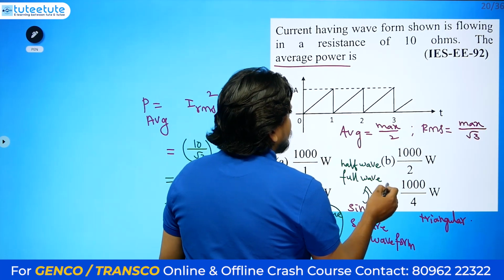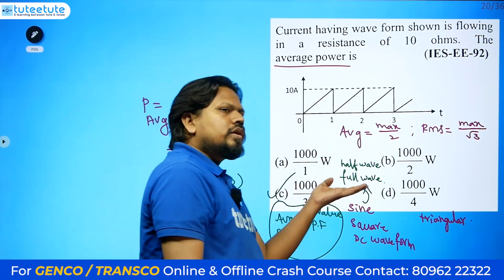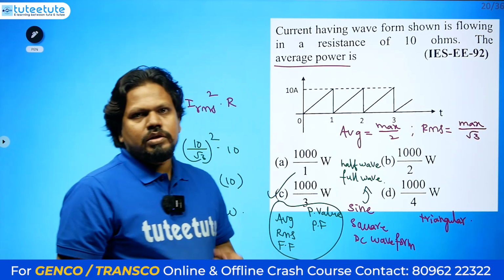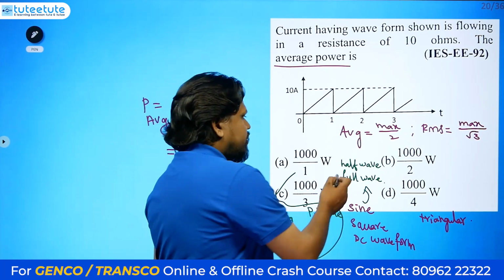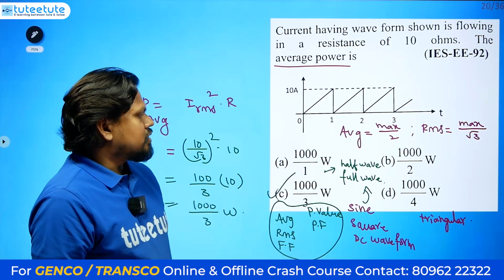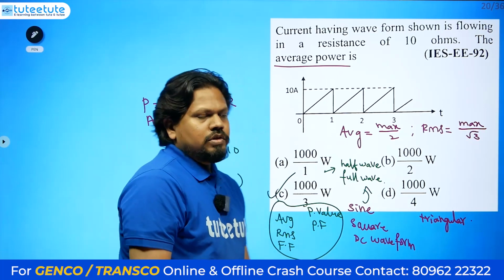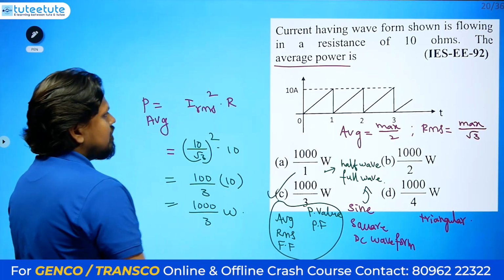In power electronics, if you are electrical, otherwise in analog electronics also, in chapters like diode circuits, you will be learning the rectifiers concept, and then you will know the average and RMS values of these waveforms. These are all important things.